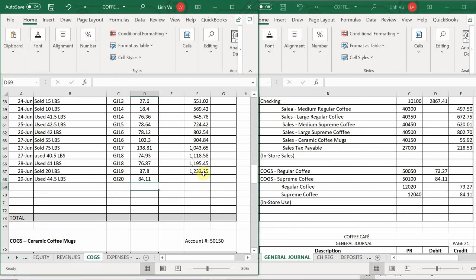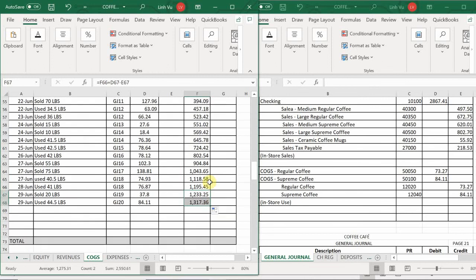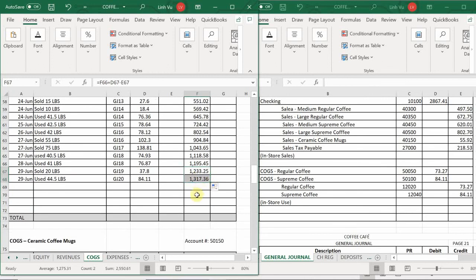So then our ending balance should be what? 13, 17, 36. 13, 17, and 36 cents.